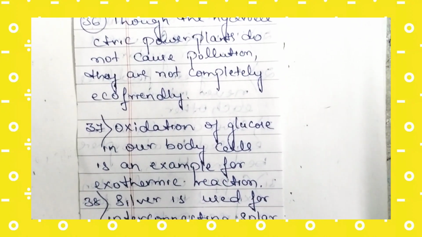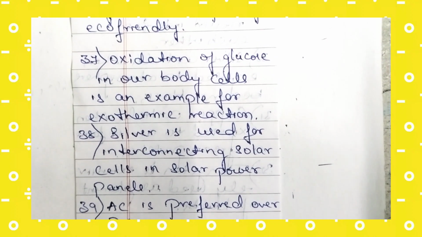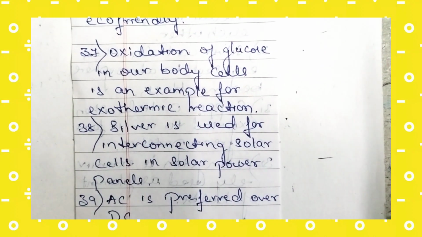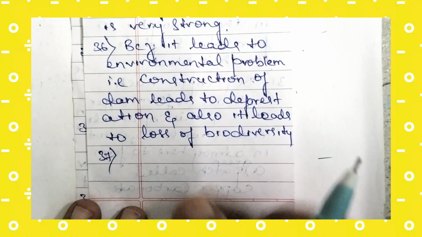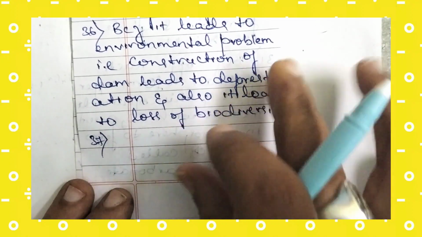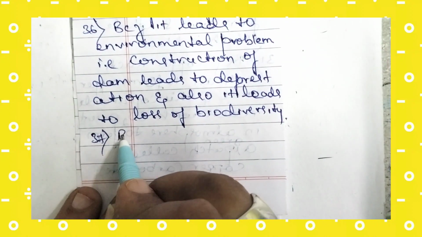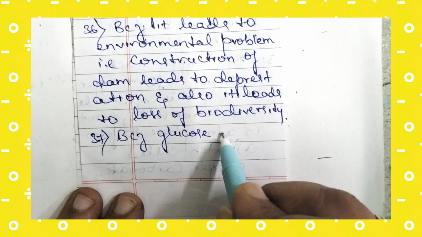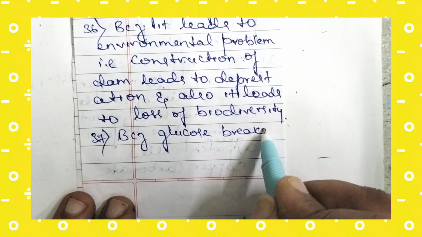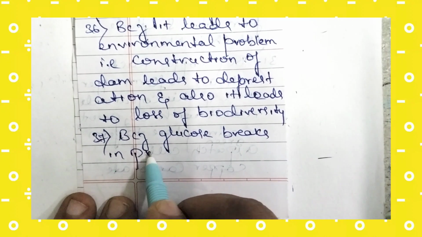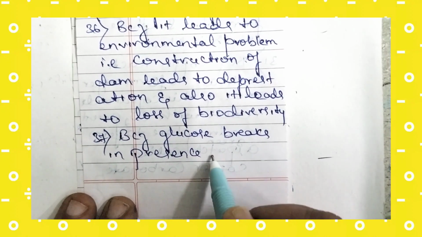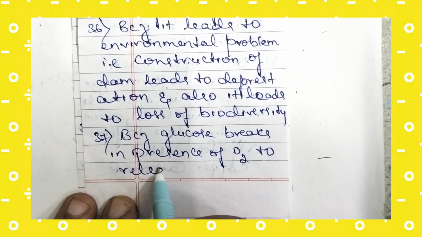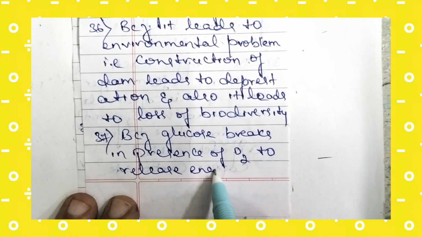Oxidation of glucose in our body cells is an example of an exothermic reaction because glucose breaks down in the presence of oxygen to release energy.